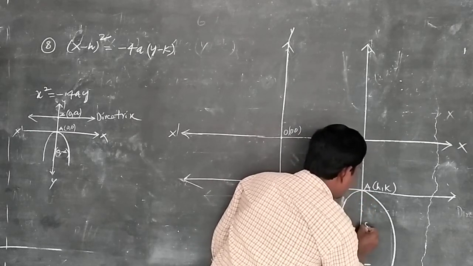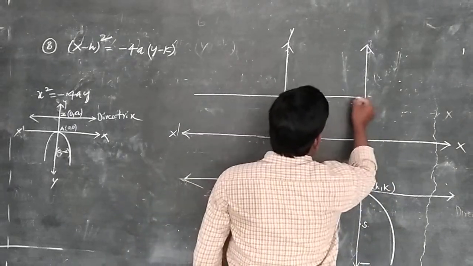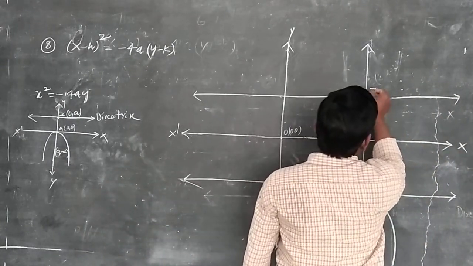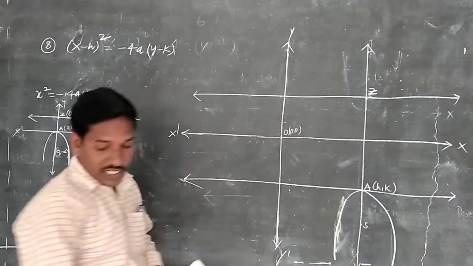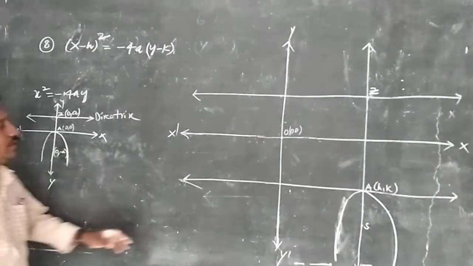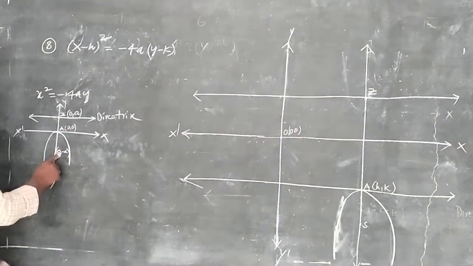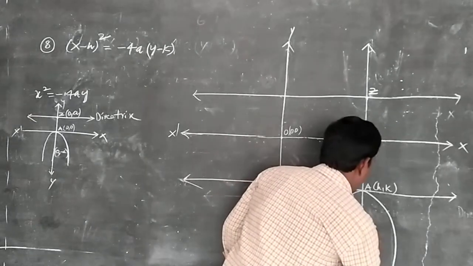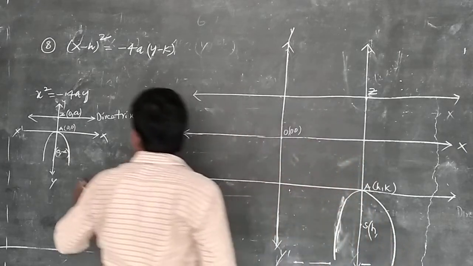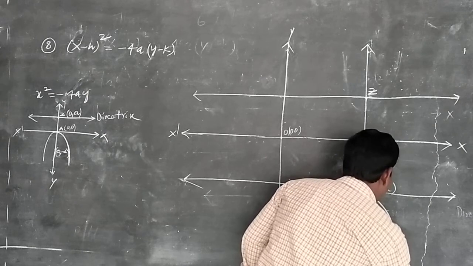This is S, the focus. Now this is the directrix Z. Now what are the points? Just observe the points here. (0, minus a). So we have to add h, k to the points. 0 plus h, h comma minus a plus k.